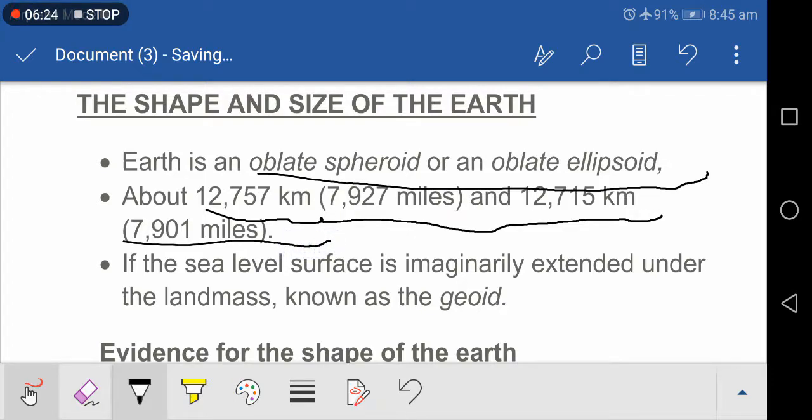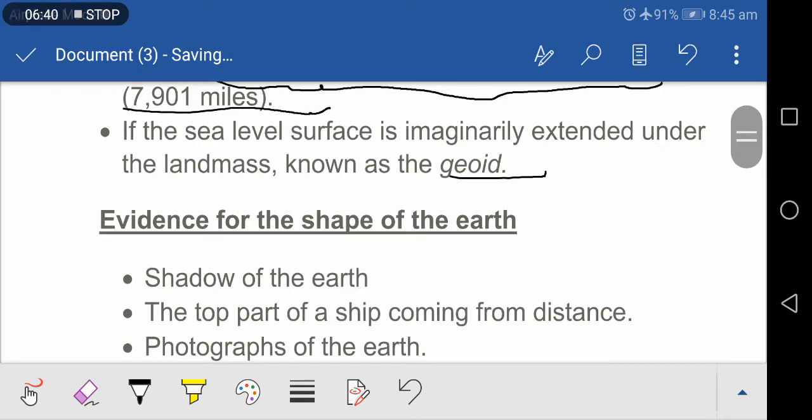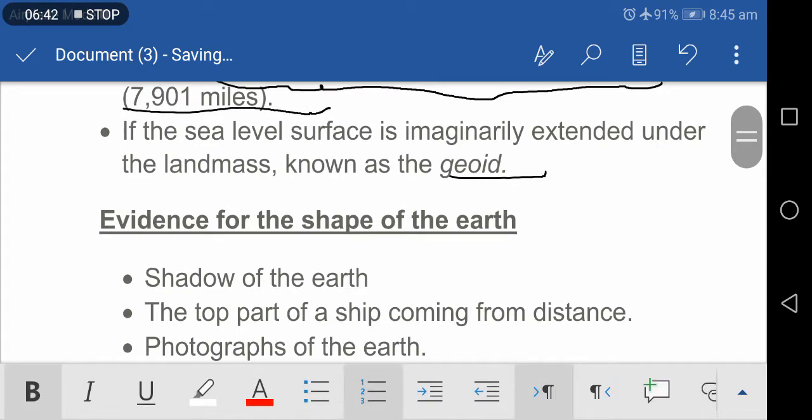If the sea level surface is imaginarily extended under the land masses, it forms a continuous figure known as the geoid. This is also considered a correct description of the shape of the Earth.